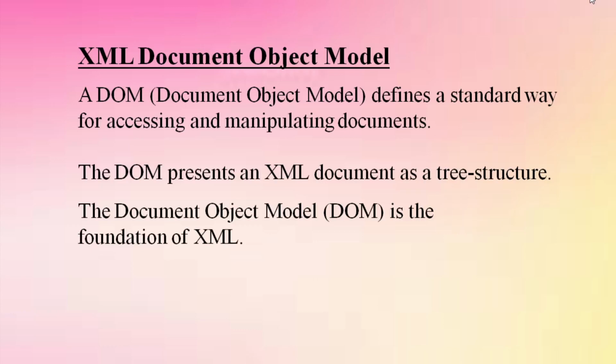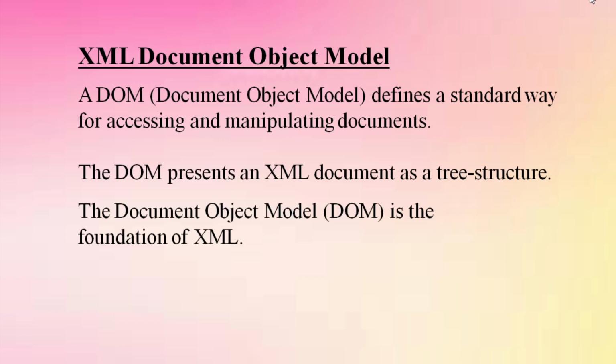XML document object model. The W3C document object model is a platform and language neutral interface that allows programs and scripts to dynamically access and update the content, structure and style of a document. DOM is an acronym that stands for Document Object Model.